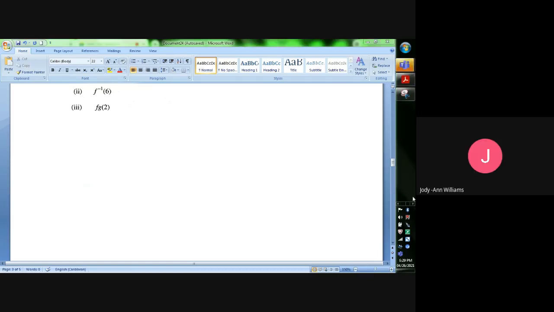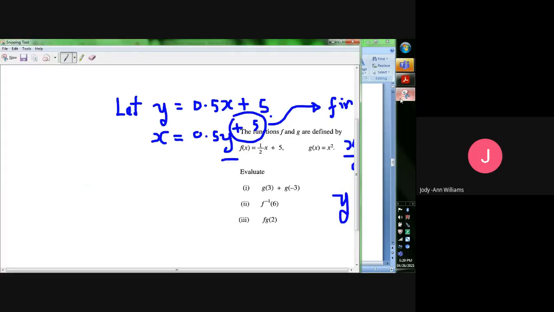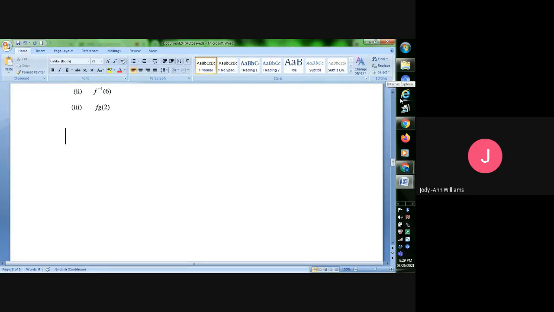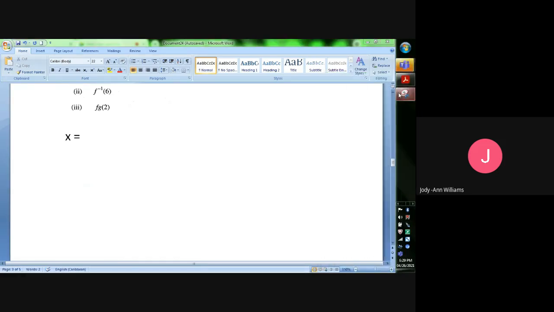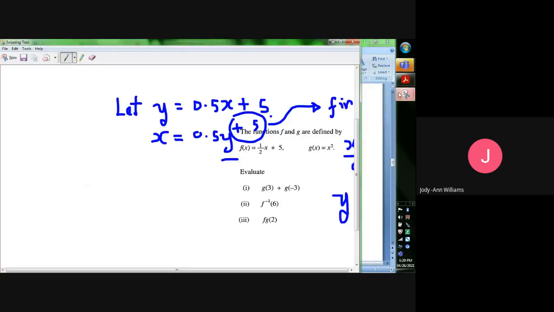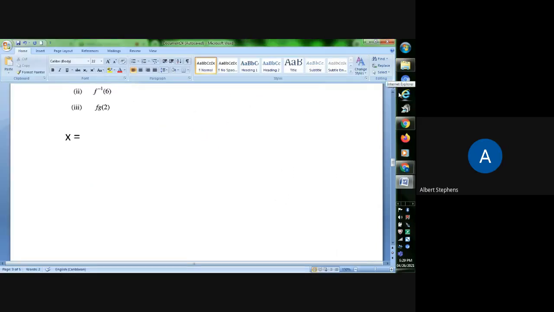Let y equal 0.5 x plus 5. Then x equals 0.5 y plus 5. Okay, I catch it now.